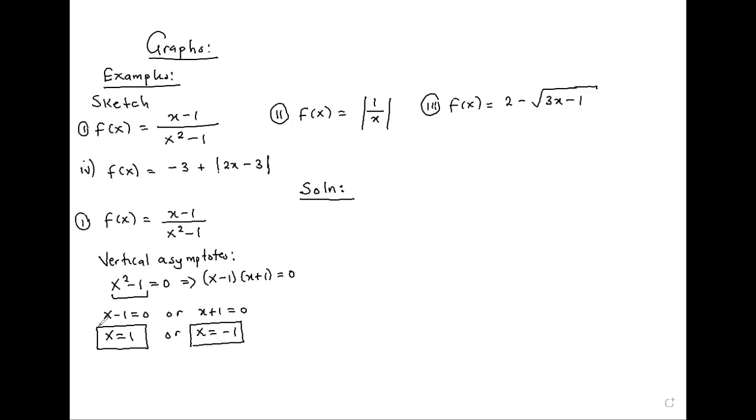And we call these the vertical asymptotes. So on our sketch, which we'll put here, then the horizontal asymptote, y is equal to, because the numerator has a lower power as compared to the denominator, y is equal to 0 is the horizontal asymptote.